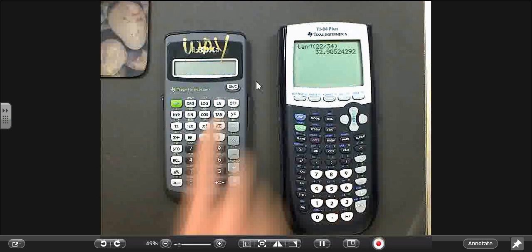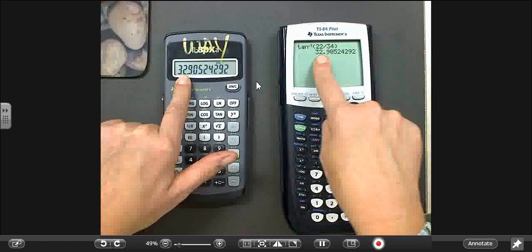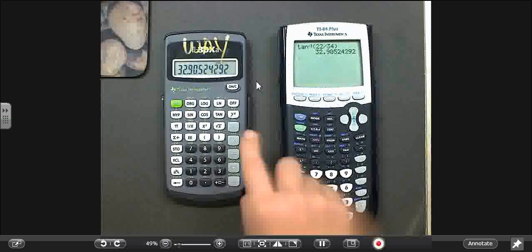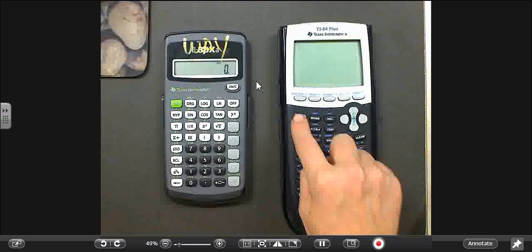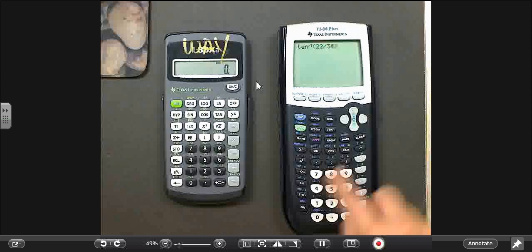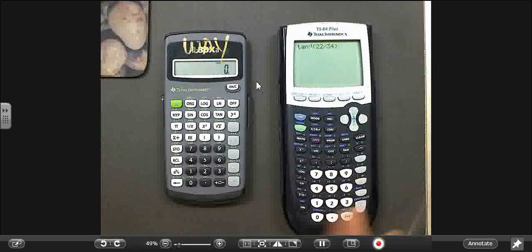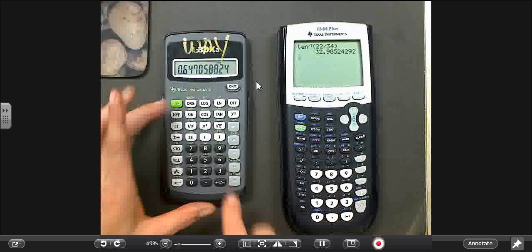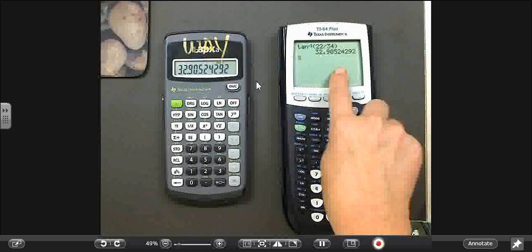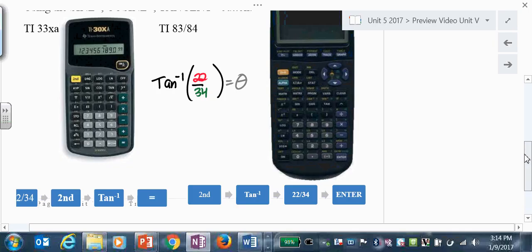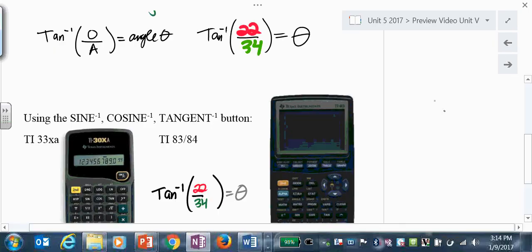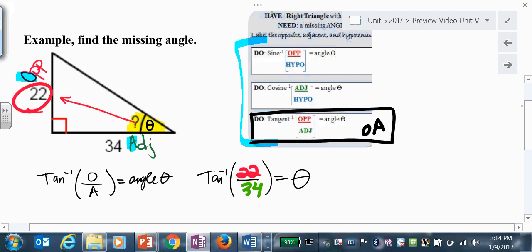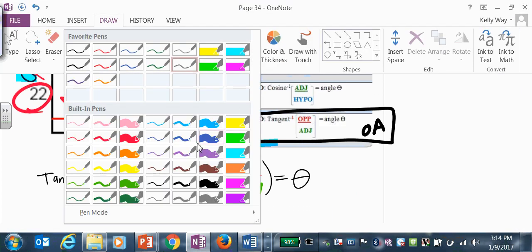Make sure you're getting the exact same thing on your calculator. Either way, we just got our degrees for our angle, and our theta is 33 degrees.